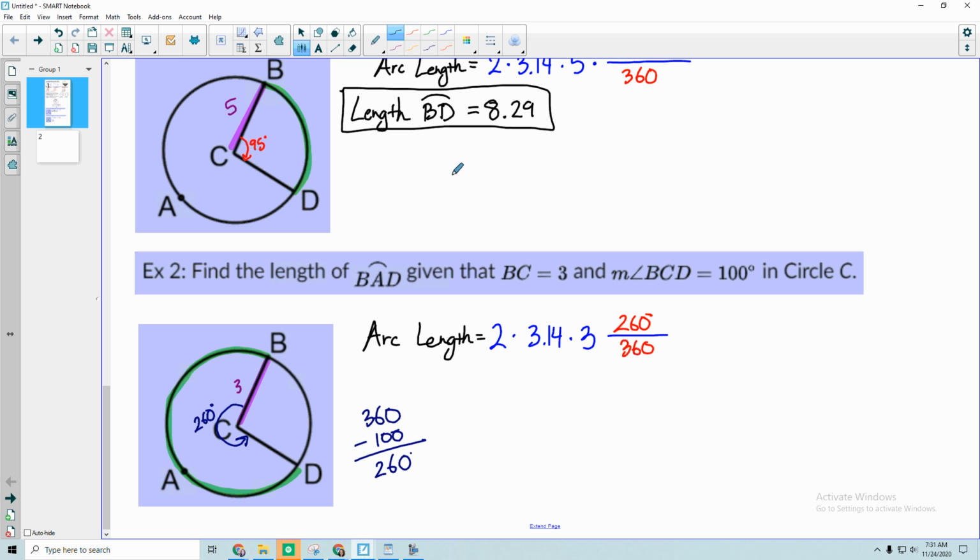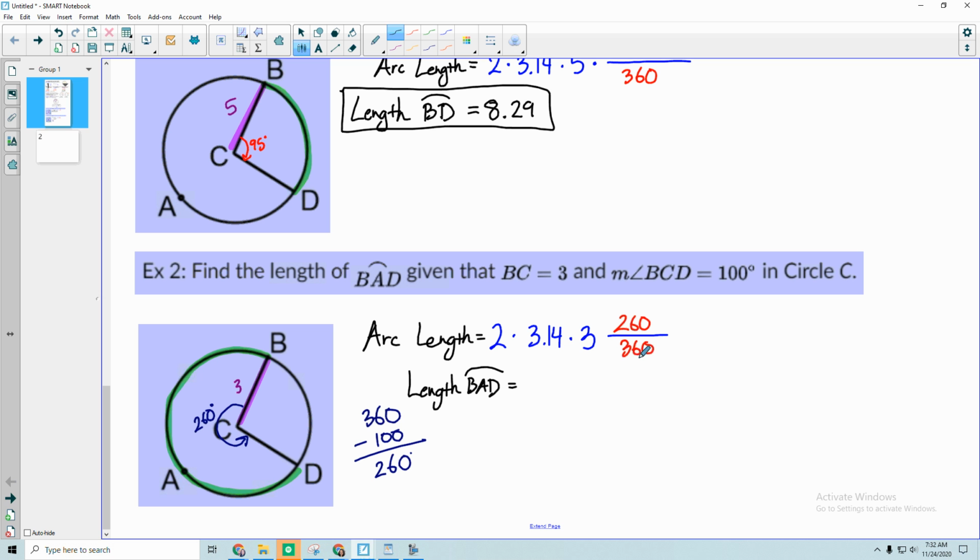All right, so now that I have everything, I know that the length of arc BAD is going to be equal to all of this. Don't worry about including the degrees there. Just as long as I have 260, I'm using 260 divided by 360.